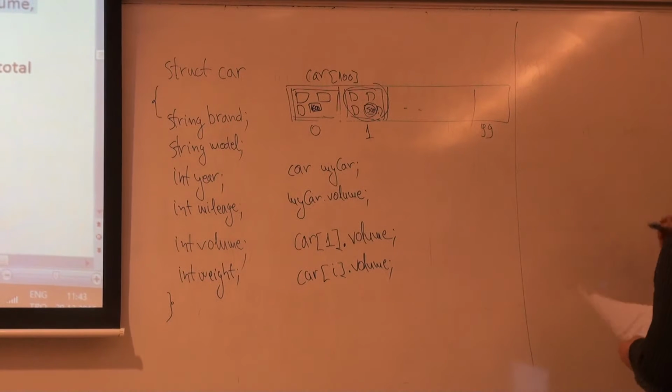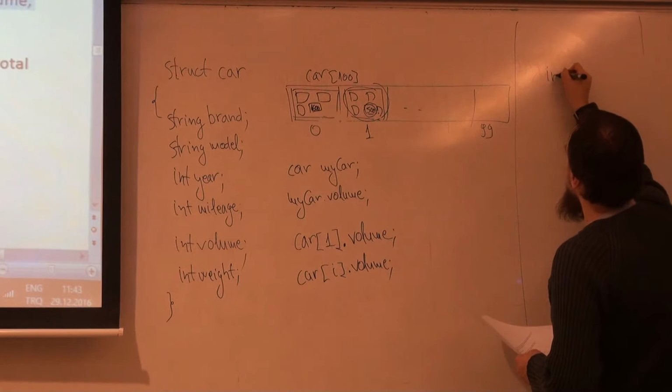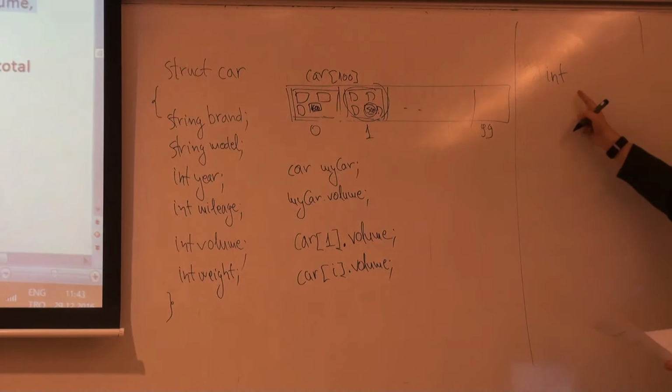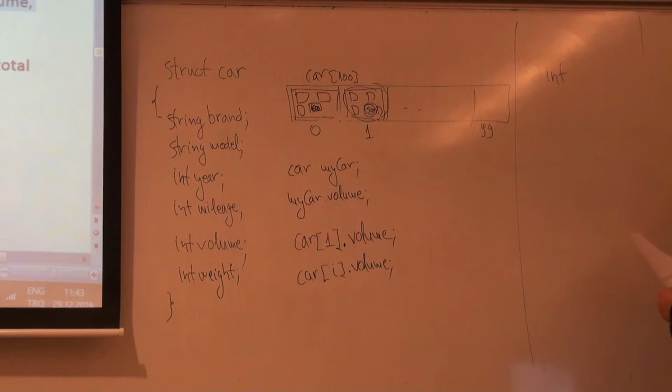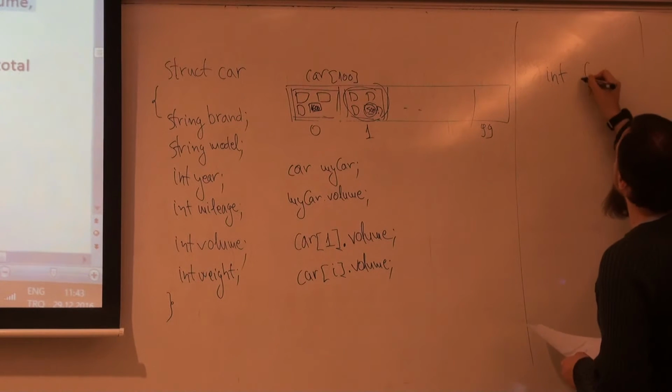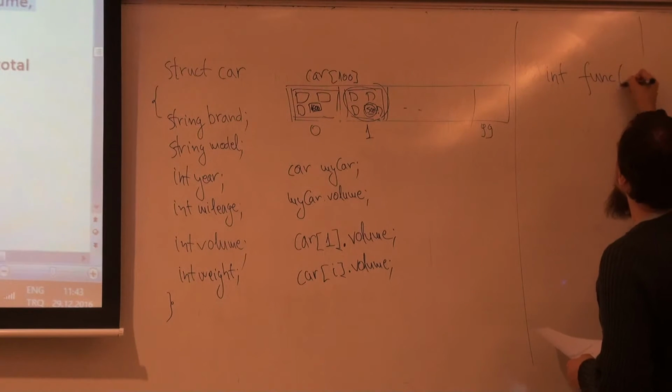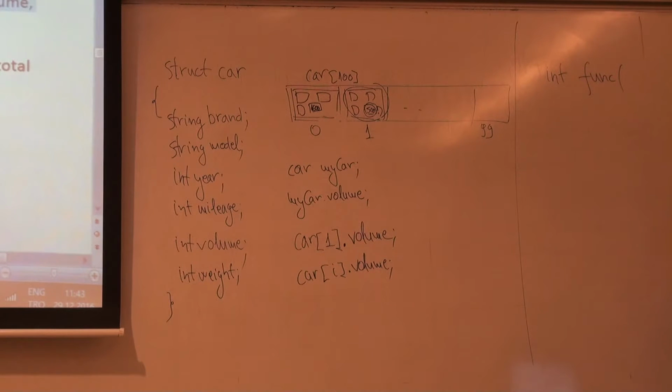So I'm going to write a function, and it should return an integer. It's the number of cars with a volume greater than 1600. It's going to be called, let's say, function. And this is important. We have seen how we send vectors as a parameter, but dynamic vectors.